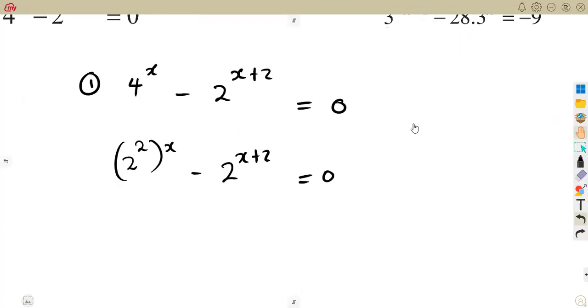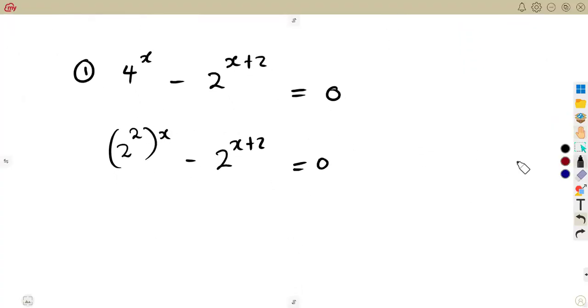All right, so let's see what we have here. Remember, an exponent, you can multiply. So that's 2 to the exponent of 2x minus 2 to the exponent of x plus 2, which is equal to 0 like this.